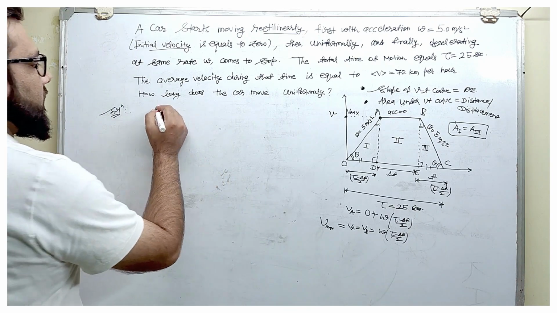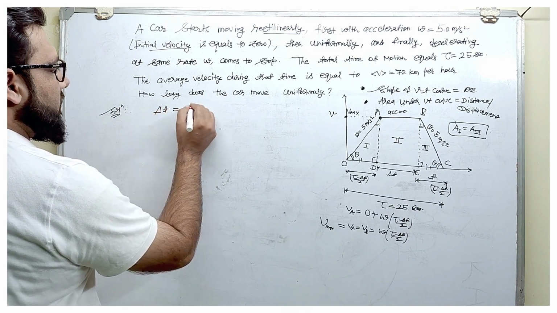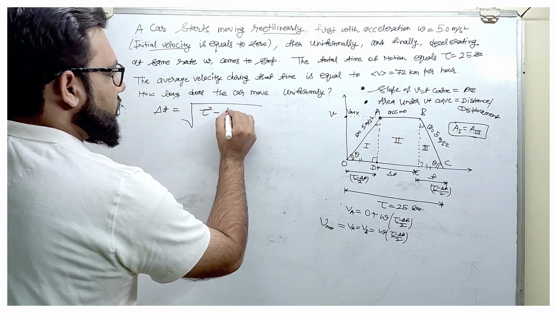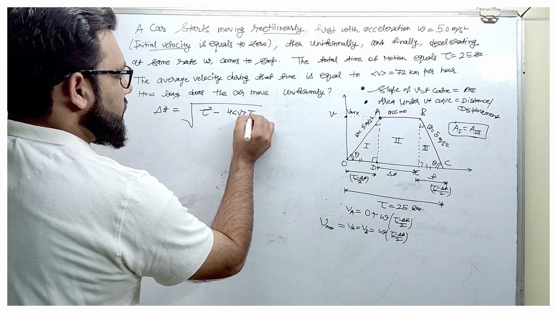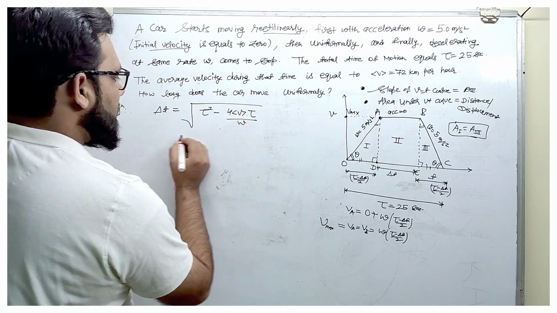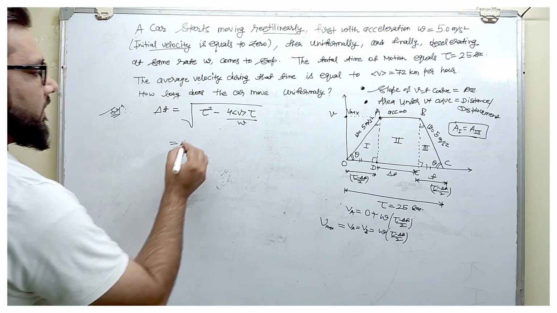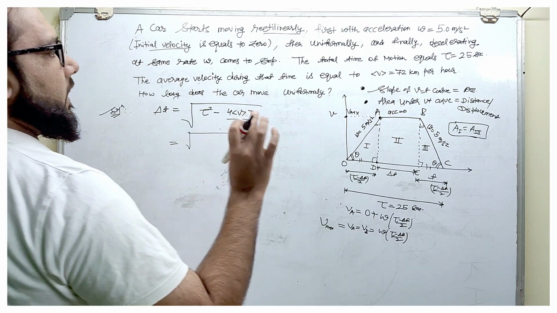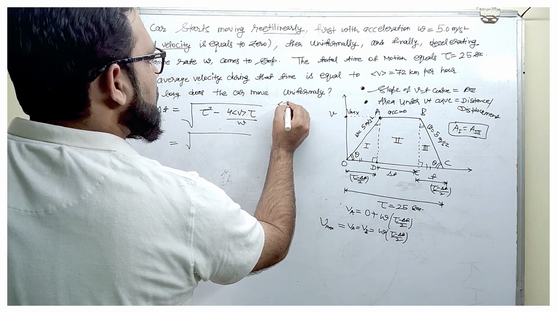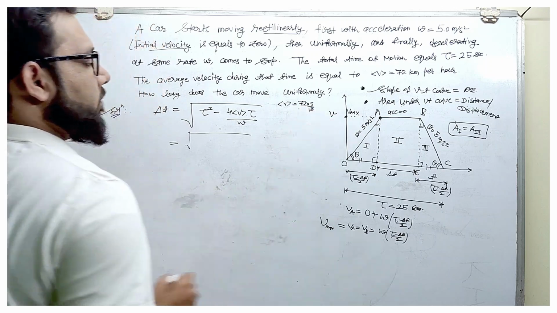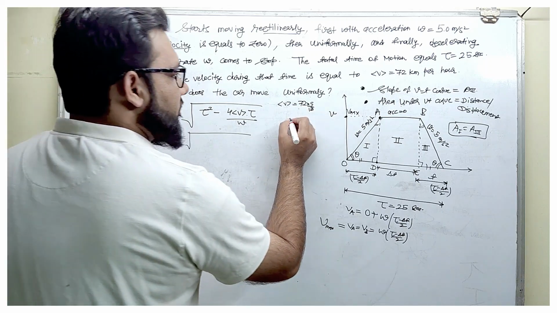So look at this, guys. Now delta t will be equal to under root tau square minus 4 average velocity into total time upon omega. When we put values here, first of all we will convert the average velocity, that is 72 kilometer per hour, into meter per second by multiplying by the factor 5 by 18.